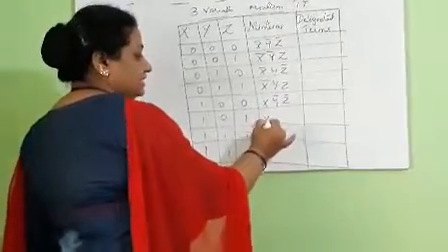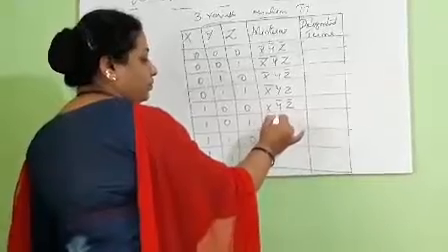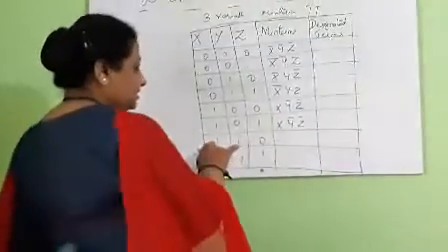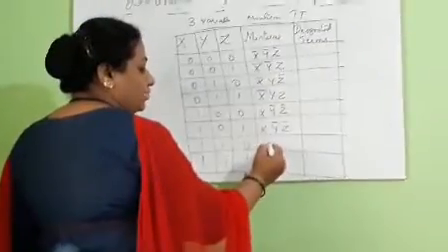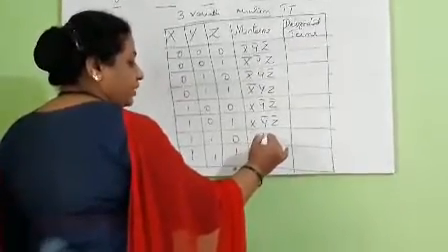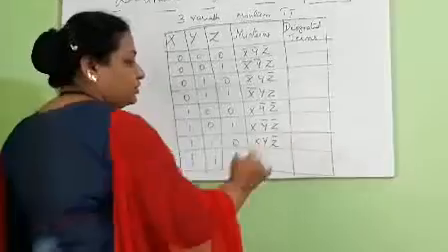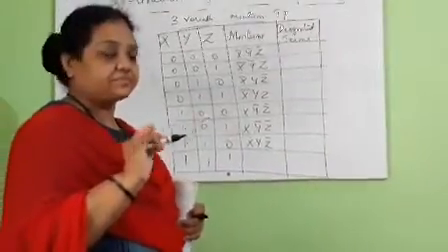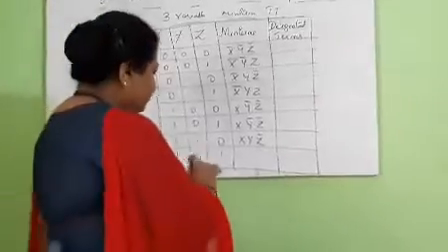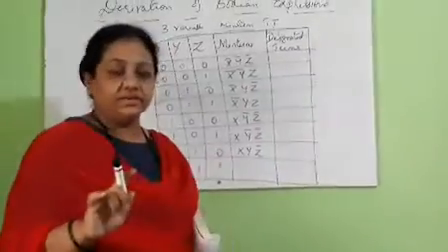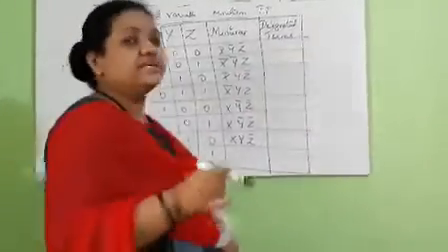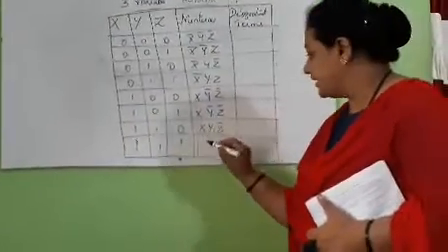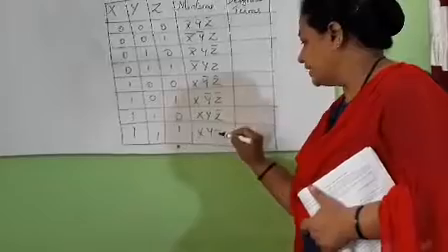Then x, y bar and z. Then 1, 1, 0: x is 1, y is 1, z is 0, so put the complement of z. Then x is 1, y is 1 and z is 1, so we write x, y and z.